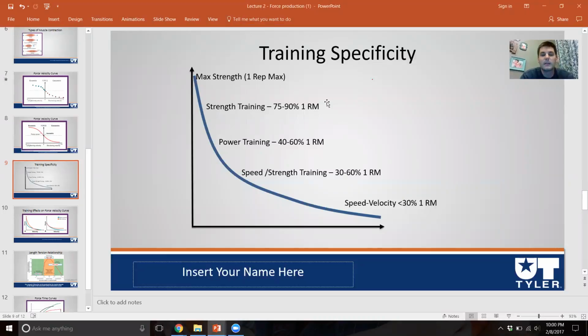So if we then look at the training specificity, sorry for the delay, I was trying to use a pen to be able to draw, but that's not working very well at the moment. There we go. So there's my pen back.